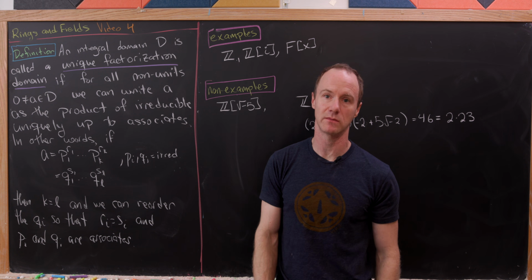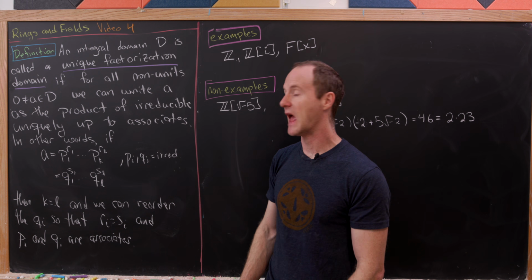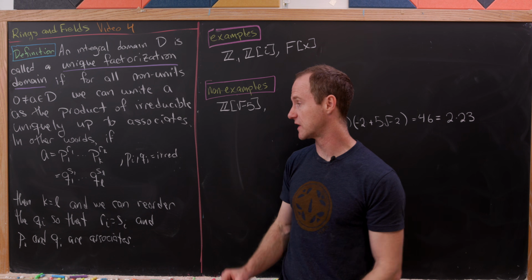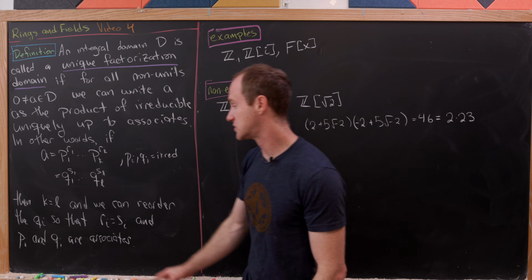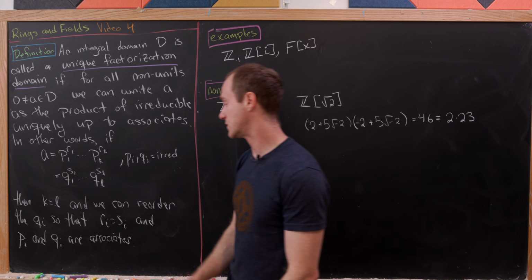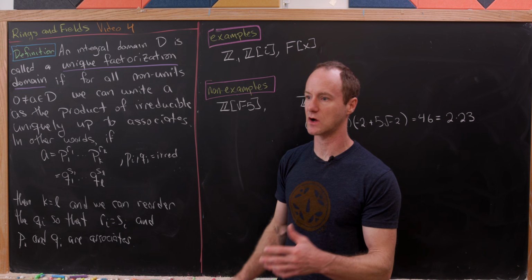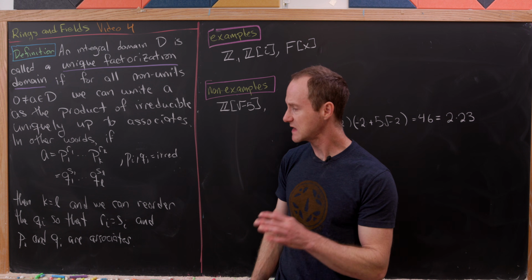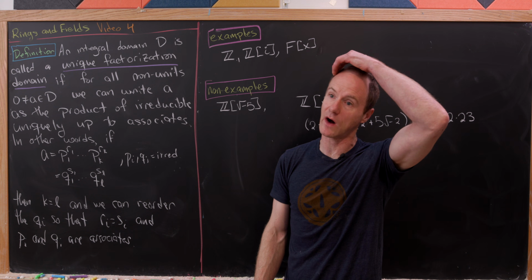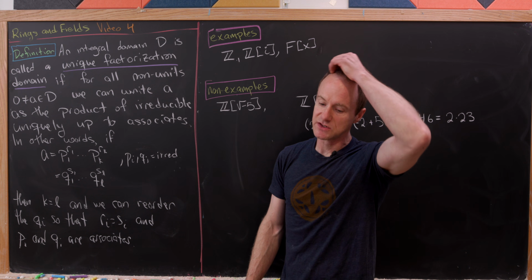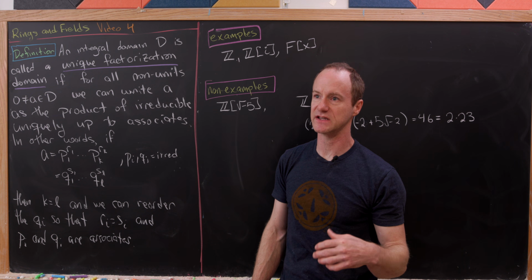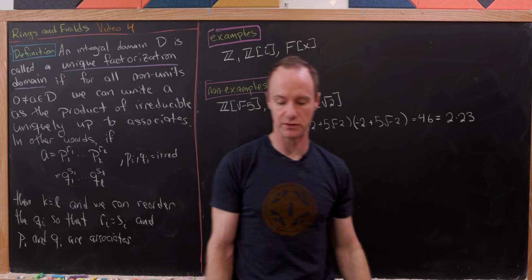We have the same number of irreducibles, and we can shuffle the q's around so that r_i is equal to s_i. So in other words, all of those exponents are the same, and p_i and q_i are associates. So that's where I said that this is unique up to them being associates.